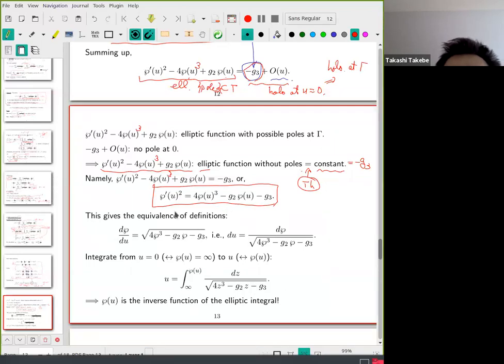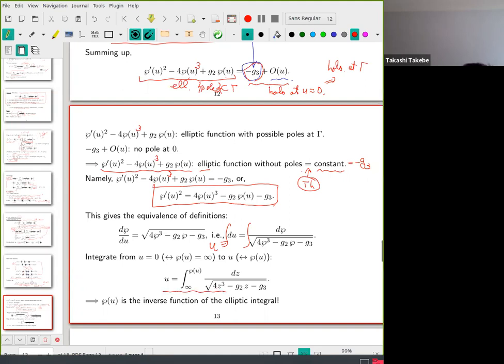Which means that dP over du is the square root of the right-hand side. Namely, u is the integral of du, and this is equal to such an integral.